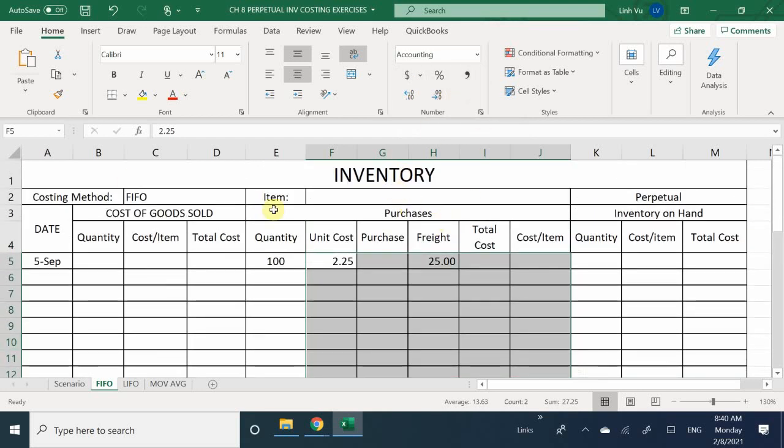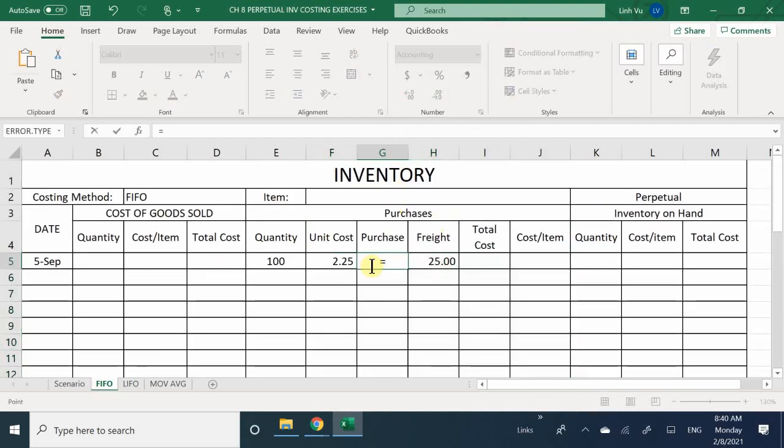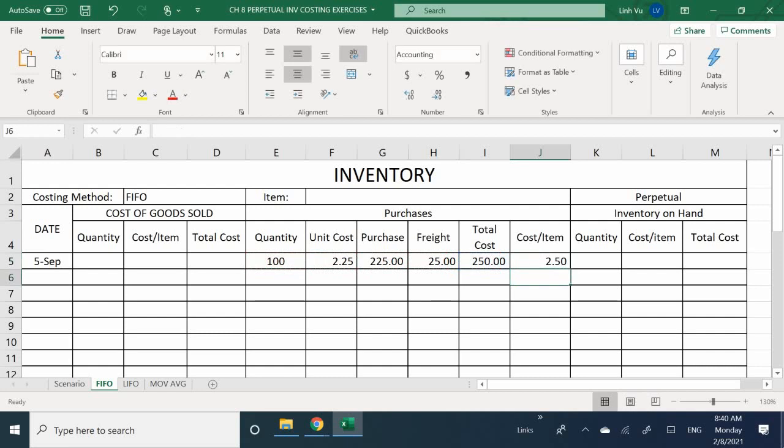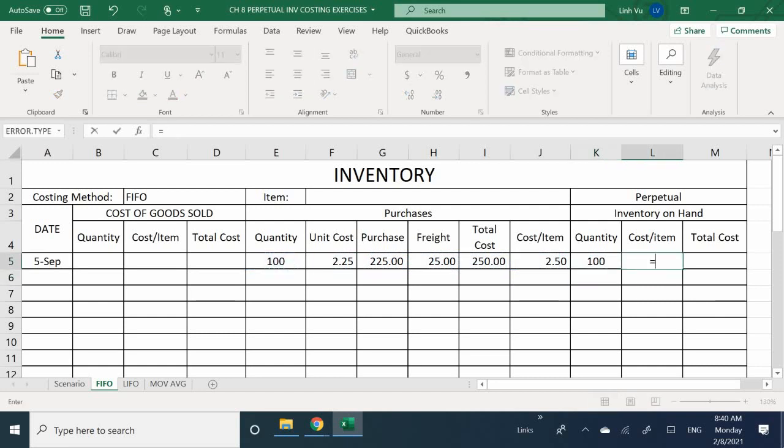Yes, it's going to be $225. What's my total cost? $250. And lastly, what is my cost per item? $2.50, yes.